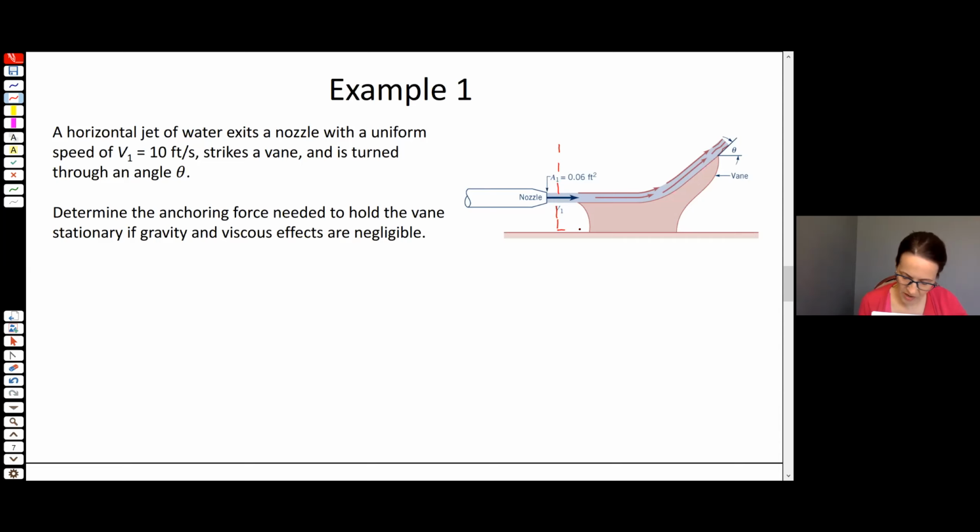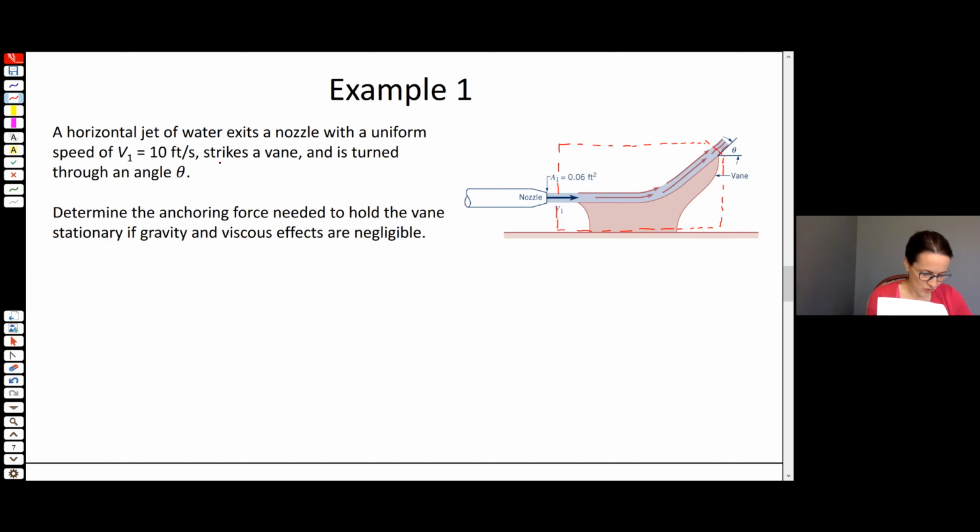We're going to cut right through it because we know we want the reaction force. But then when we get up here to this top right corner, we're just going to go ahead and make that corner of the control volume at a different angle. We're just going to cut that corner out so that the control surface right there is normal to the direction of the flow, just to make life easy for ourselves. And you should do that whenever you can.